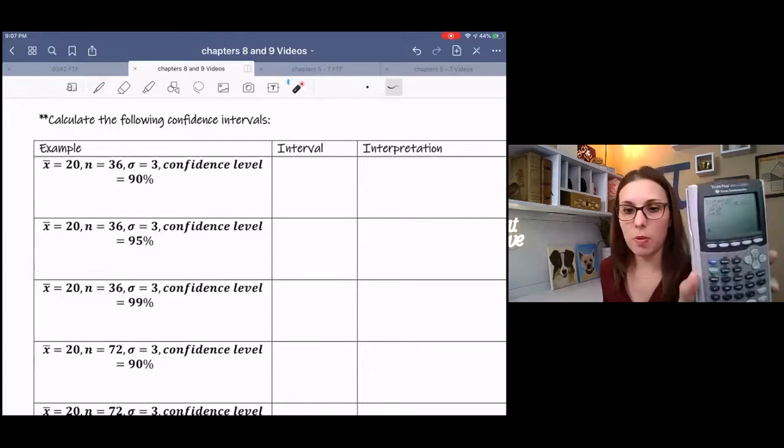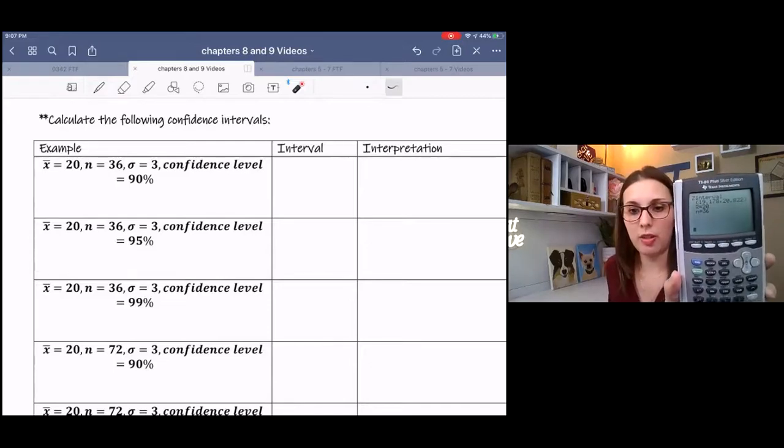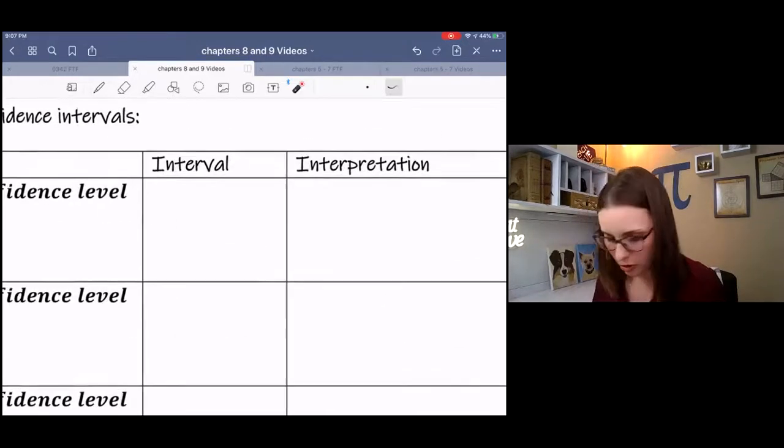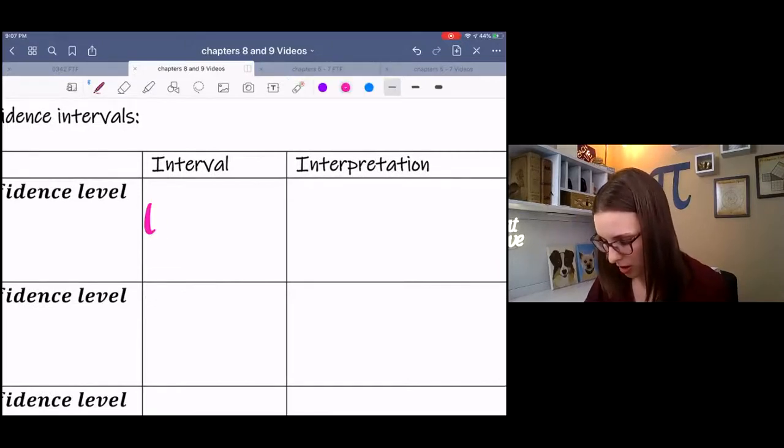And it should come up on your home screen with the interval and then some basic information. So this interval is 19.19 to 20.82.